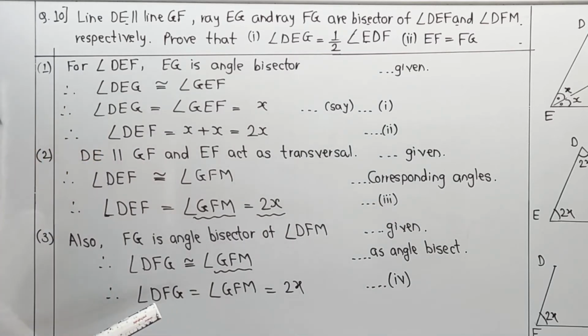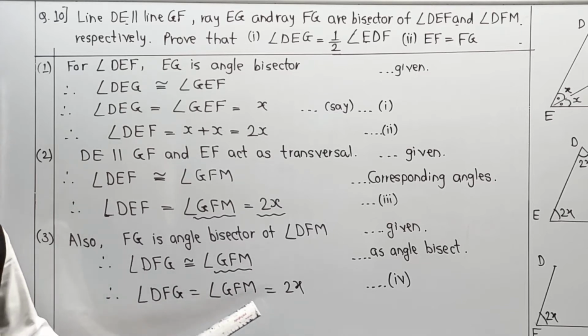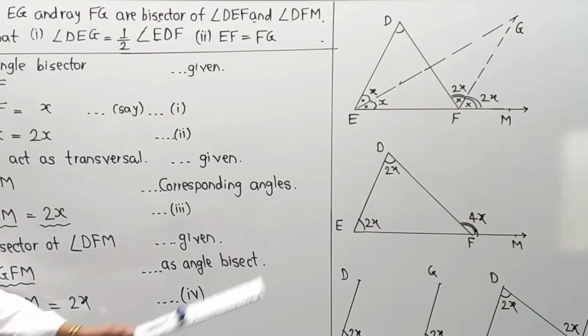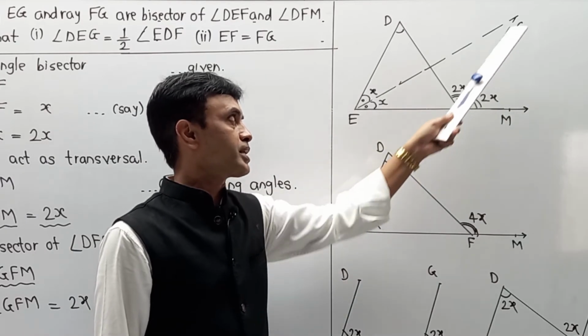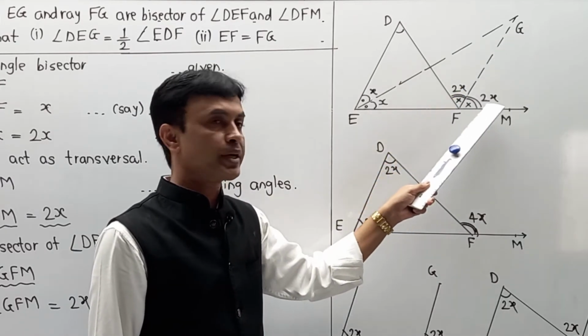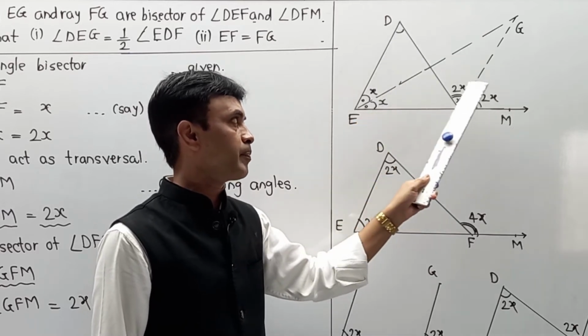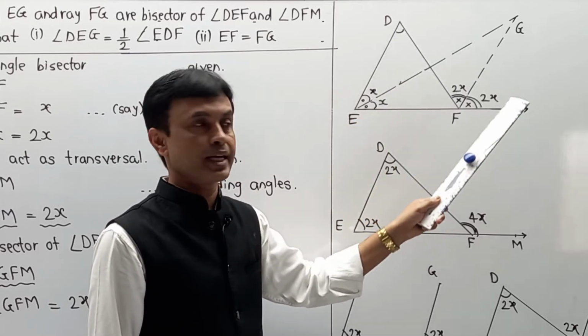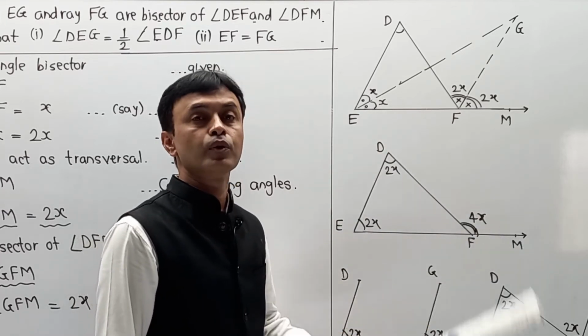Now DFG is equal to GFM is equal to 2x. Both the angles become 2x. Again we are going to use the angle addition property. DFG is 2x, GFM is 2x. Now we are going to add both, means DFM is 2x plus 2x, that is 4x.